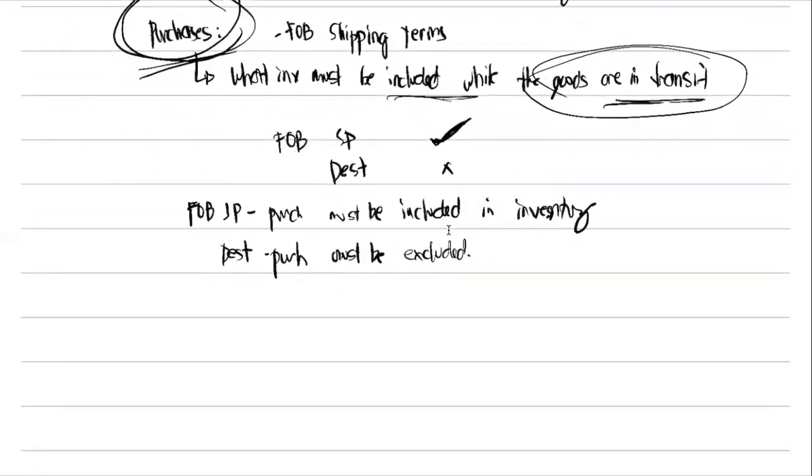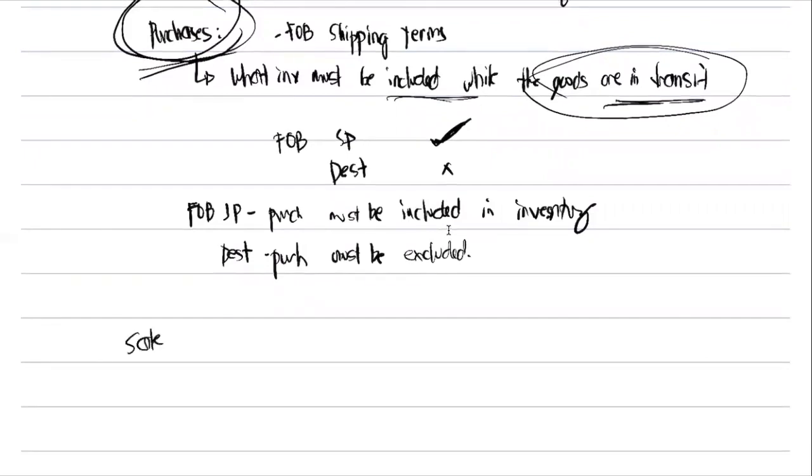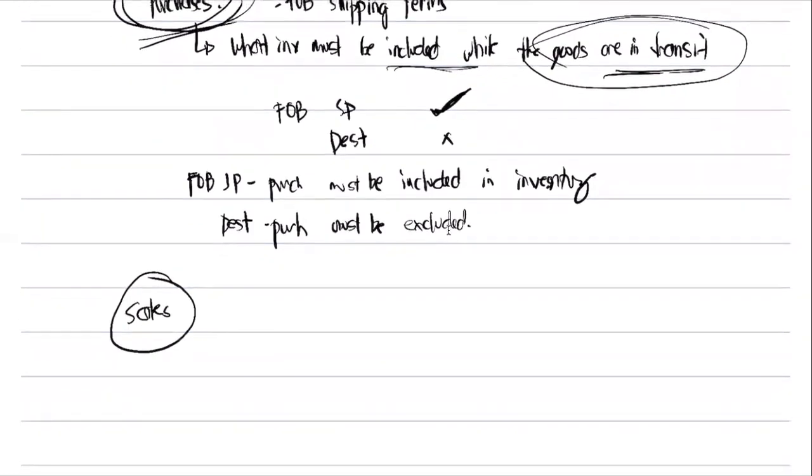Next, we have your sales, okay? So for sales transactions, there are too many terms that we need to learn. So for sales, we start first with your FOB shipping terms.